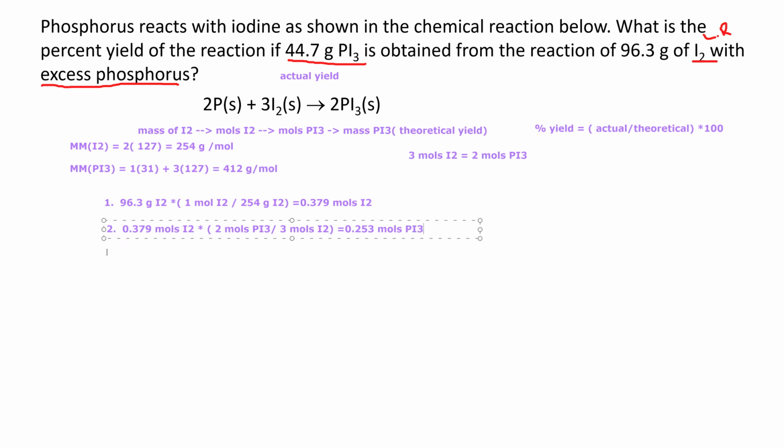And then in step 3, we're going to calculate the theoretical yield by converting the moles of product to mass. This will tell us the theoretical yield.